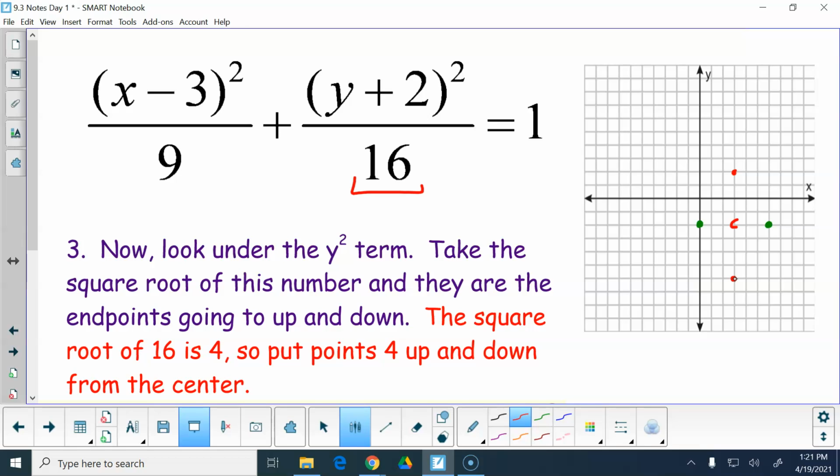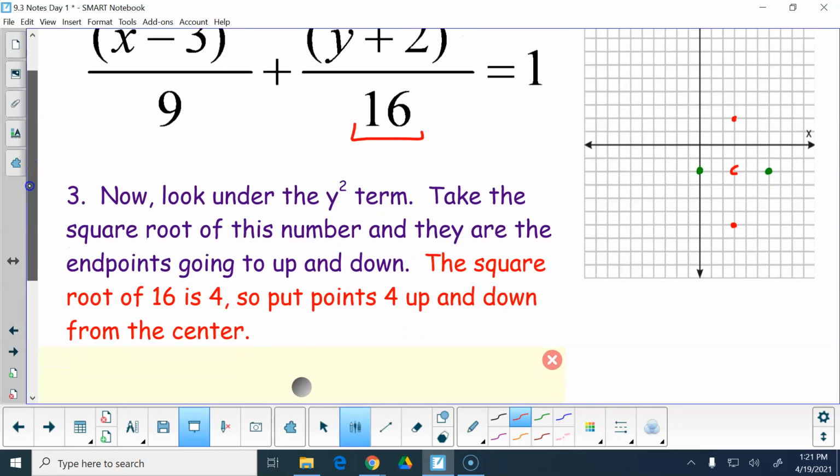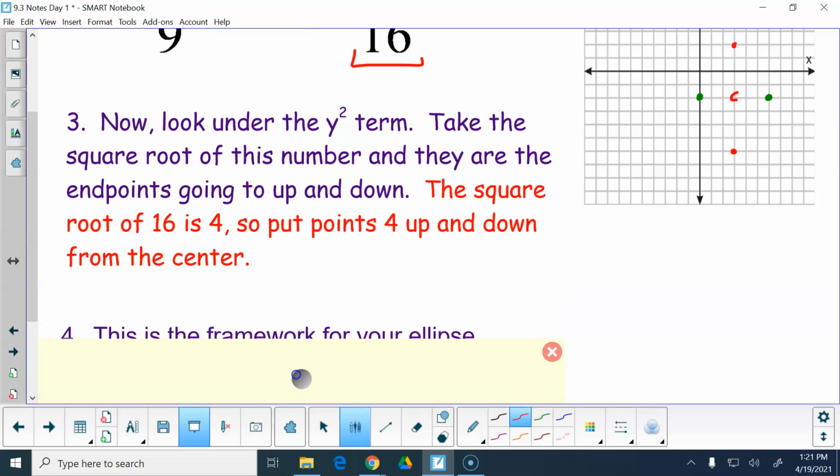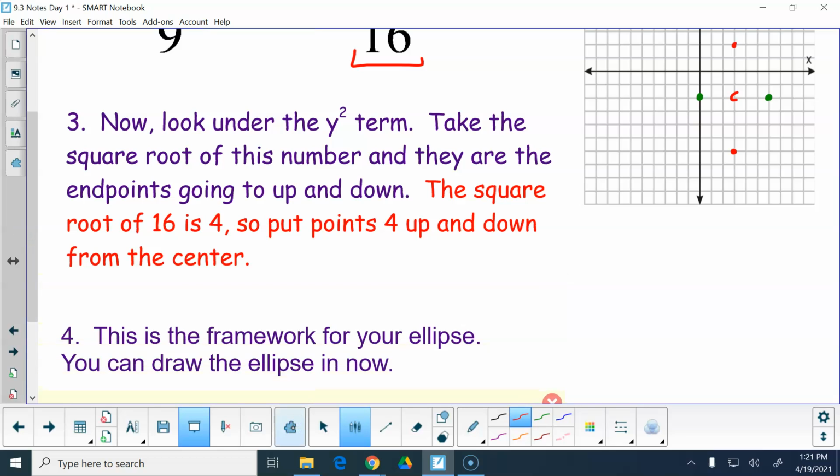Okay. This has now given me the framework for my ellipse. Okay? So we can draw in the ellipse now. Okay? So I'm going to draw in my ellipse.